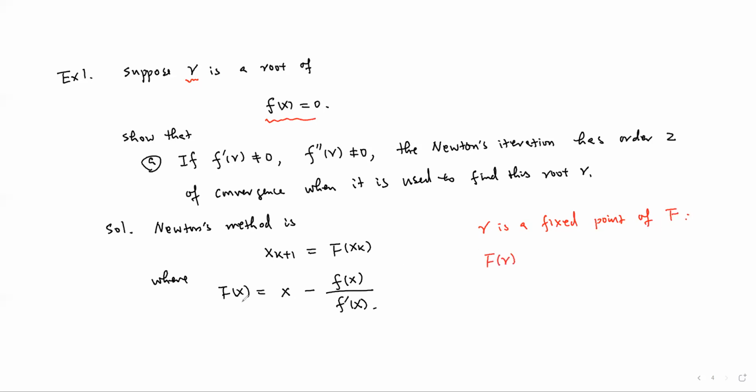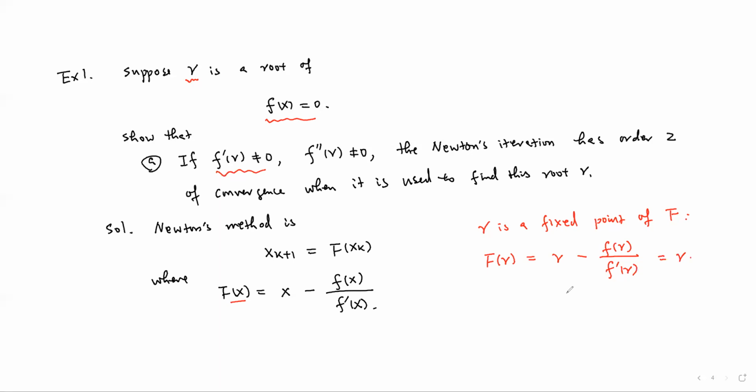Plug in R in this capital F. Then I get R minus f of R over f prime of R. But f of R is 0, and the first derivative of little f at R we assume is non-zero. So 0 over non-zero is 0. So this is R. So R is a root of this equation, and it is a fixed point of capital F.